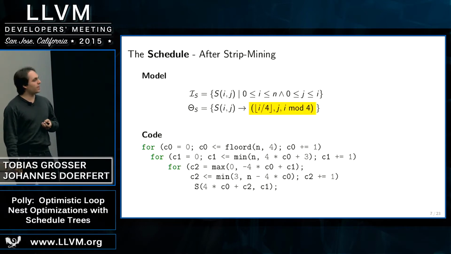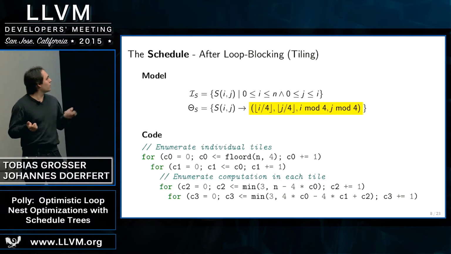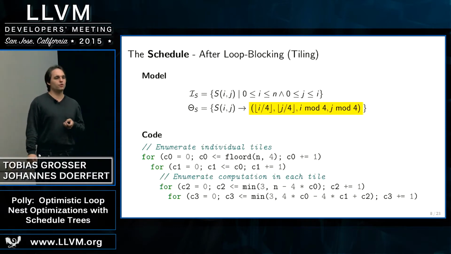So let's go a little bit quicker. There's something we call strip mining. You duplicate dimensions, and now you execute in chunks of 4. You can do something similar, which is called loop tiling. So let's go a little bit slower again. If you do loop tiling, what you do, you actually duplicate dimensions.